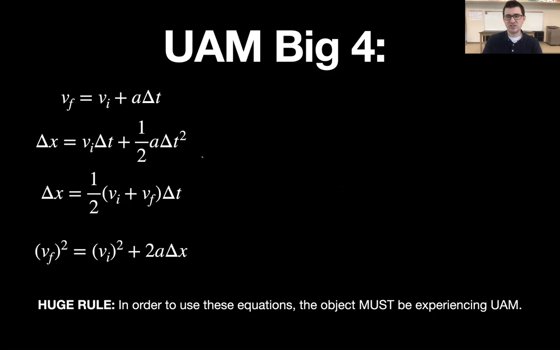Number 2, change in position equals initial velocity times change in time, plus 1/2 times the acceleration times the change in time squared. Number 3 is change in position equals 1/2 times the sum of the final and initial velocities times the change in time. And the final velocity squared equals the initial velocity squared plus 2 times the acceleration times the change in position. So those are our big four equations.